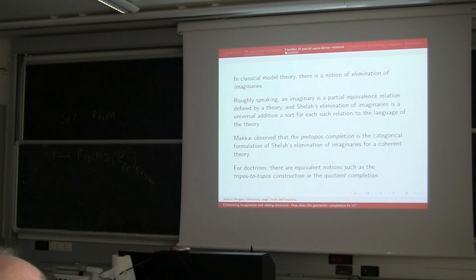And being categorical logicians, we would expect there to be some sort of categorical version of it, and indeed Makkai observed that his pretopos completion that he studied with Makkai and Reyes is this categorical formulation of what it means to be elimination of imaginaries for a coherent theory.